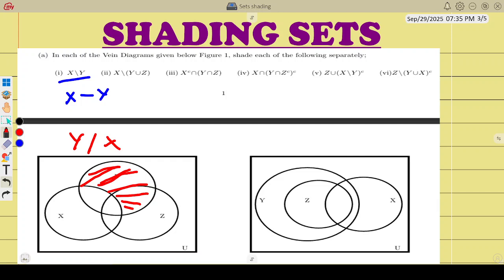We do not touch what is in X. Also here we shade what is in Y, so all this is in Y. But at this point we do not cross because we do not want to enter X. This is how you shade.